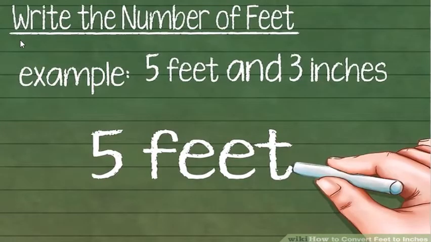Okay, next, converting a foot and inches measurement. So write the number of feet. Measurements are not always given in just feet. Sometimes, especially for certain types of measurements like heights, measurements are given in feet and inches, like for example 100 feet 6 inches.